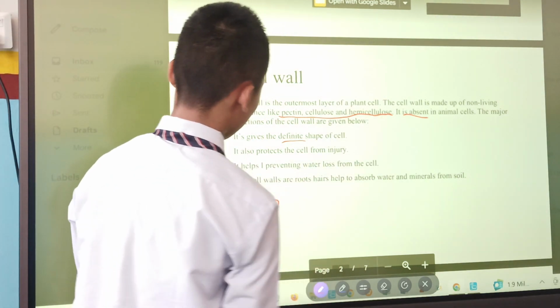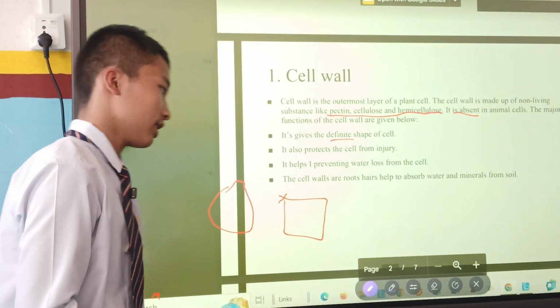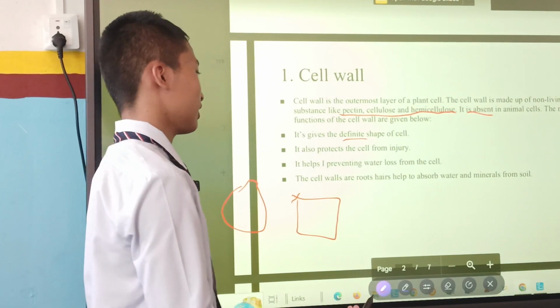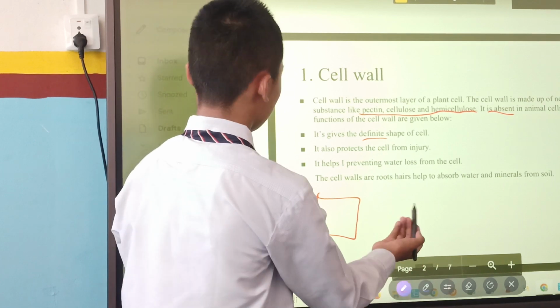It also protects the cell from injury. The animal cell doesn't have cell wall, so the animal cell is not protected from the injury. But since the plant cell has cell wall, it is protected from injuries.